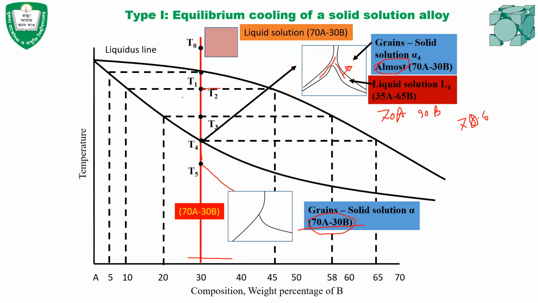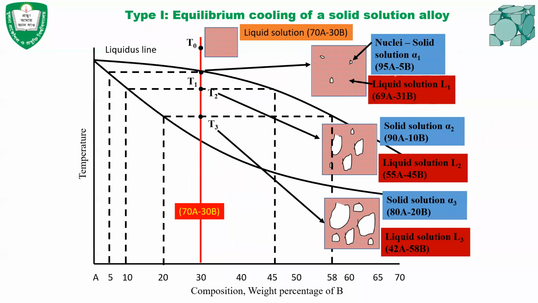What was the chemical composition at temperature T2? It was 90A10B, and the liquid solution had the chemical composition 55A45B.